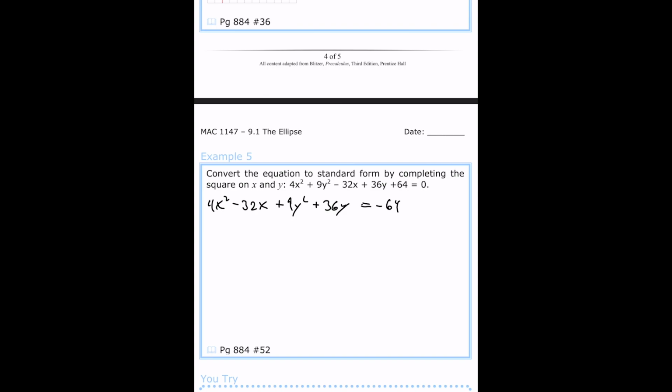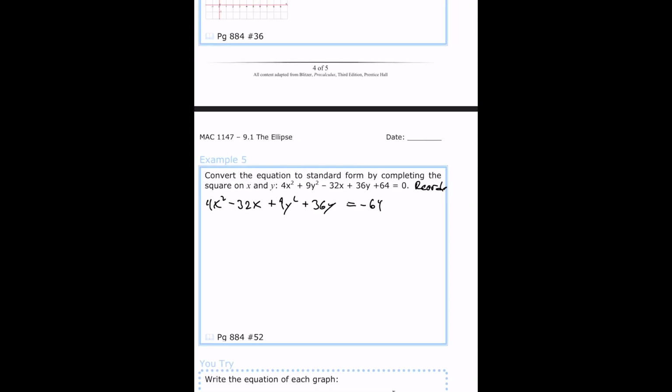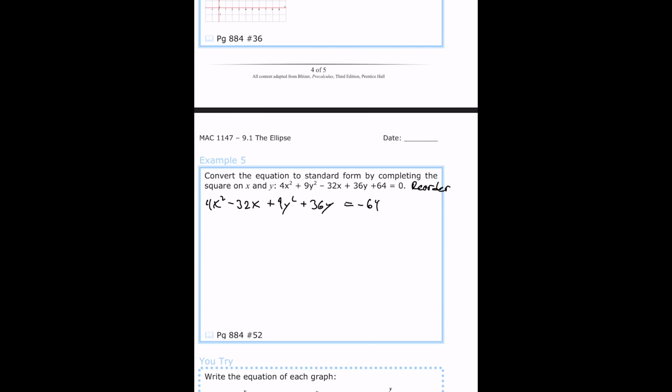Then I'm going to do something. So I just wrote a little note that I reordered stuff on the left hand side, and if you want to, you could also put in a minus 64 that you subtracted 64 from both sides. Then I'm actually going to come into these first two terms and I'm going to factor, and I'm going to do some factoring in here, but not as much as you might think.